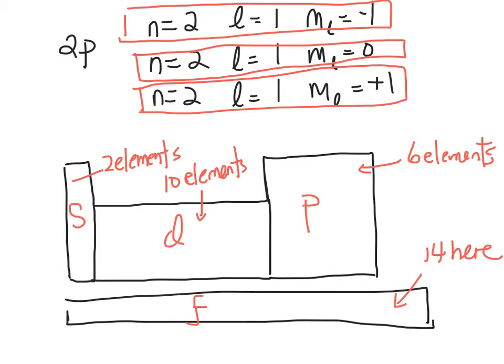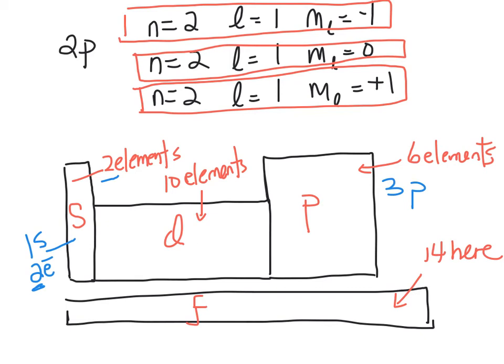Now, there's only one s orbital per level that can hold a maximum of 2 electrons. 2 electrons and 2 elements. The P block, 6 elements. There's 3 p orbitals per energy level or per row.